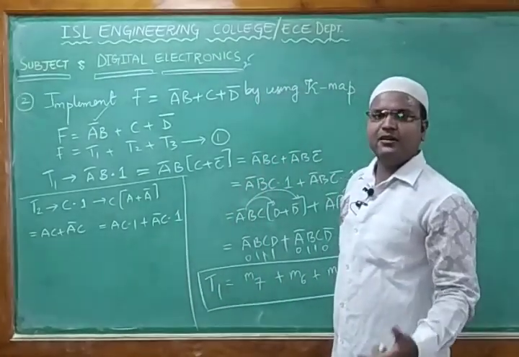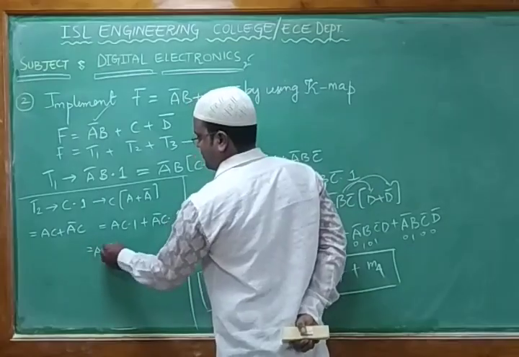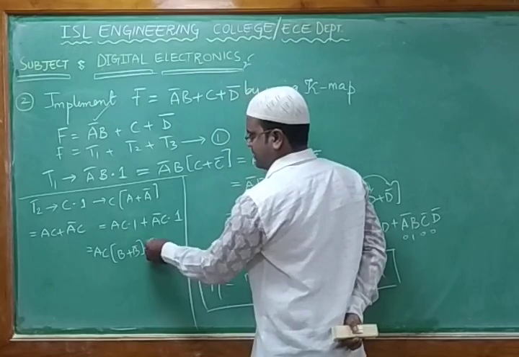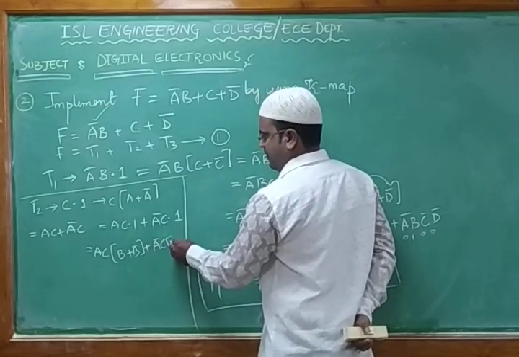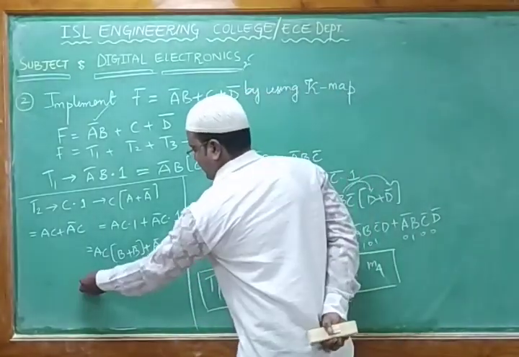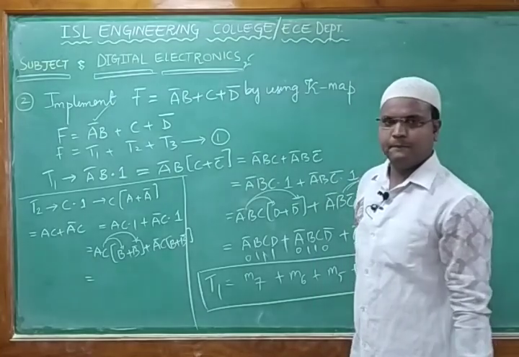So still B and D are missing. So first I'll multiply with B. AC into 1, which is B plus B complement. A bar C, this one I can also write with B plus B complement. So what I'll get? I'll multiply this with the first and again multiply with the second.